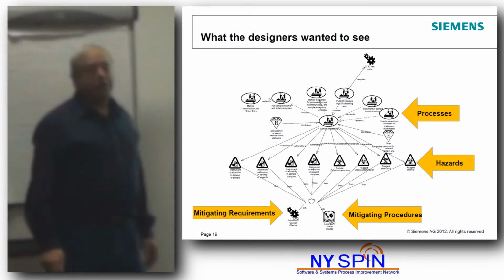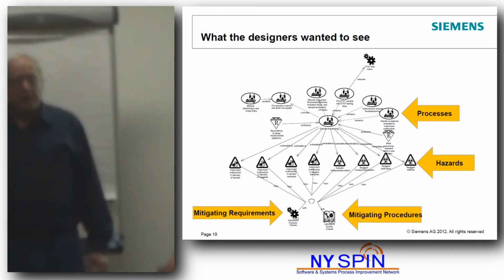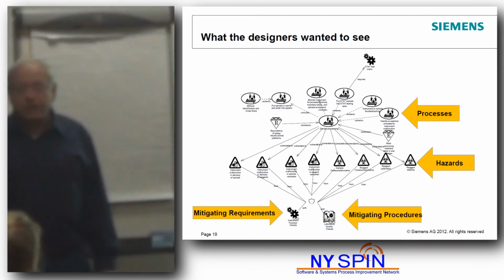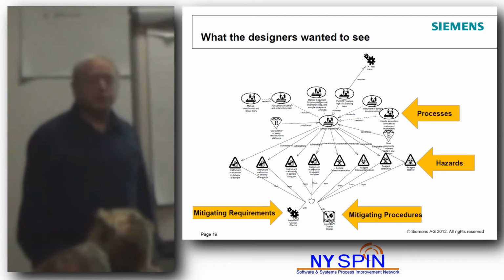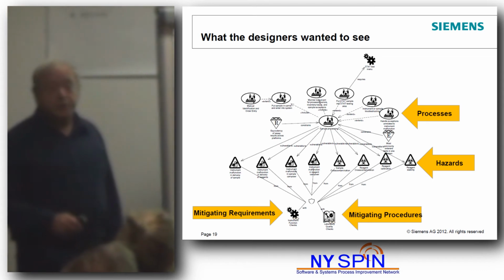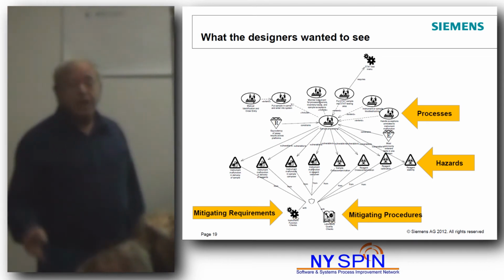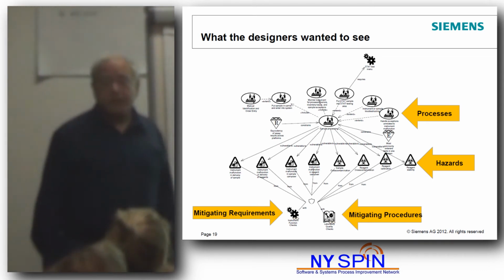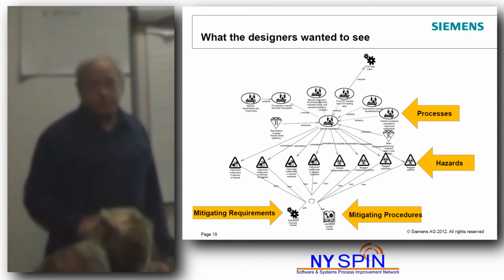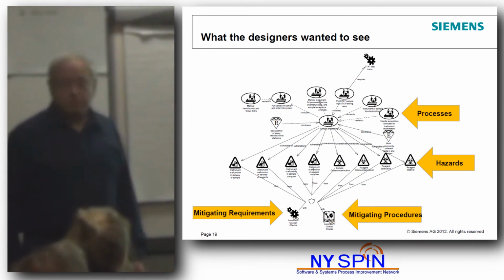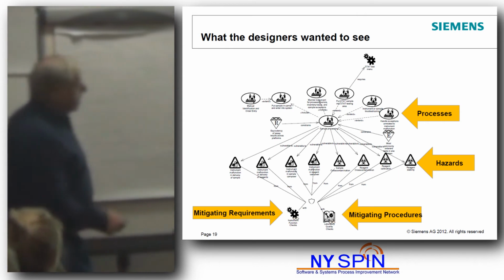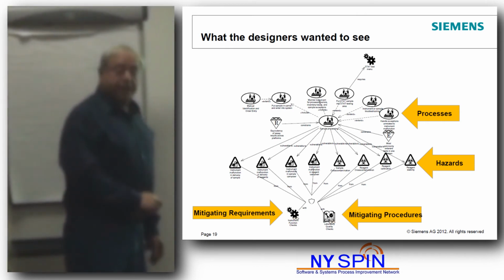But in addition, I found that very few people realize that a lot of mitigations are not through requirements, but through procedures. The nurse will do this, then she'll do this, then she'll do this. And then we don't have to make any change to a medical instrument. We'll just put it in a procedure that the nurse has to follow. So we have here what are called procedural mitigations.